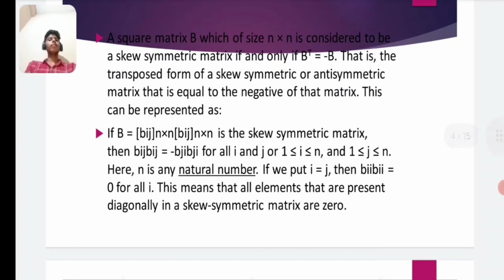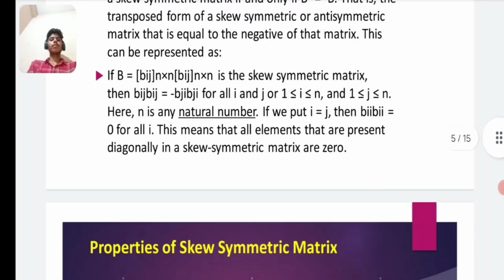So a square matrix B of size n by n is considered to be a skew symmetric matrix if and only if B transpose is equal to minus B. That means the transpose of a skew symmetric matrix, or antisymmetric matrix, is equal to the negative of the matrix.